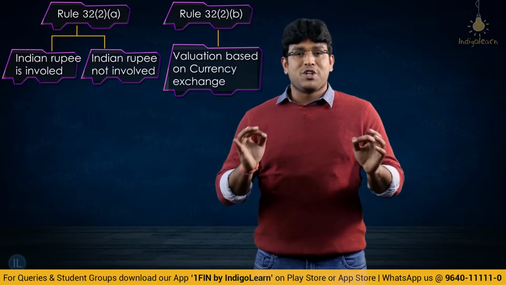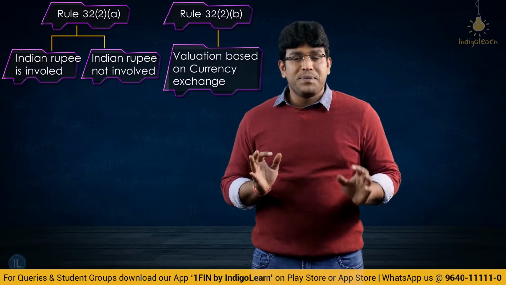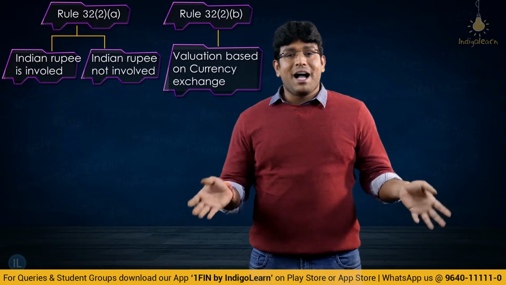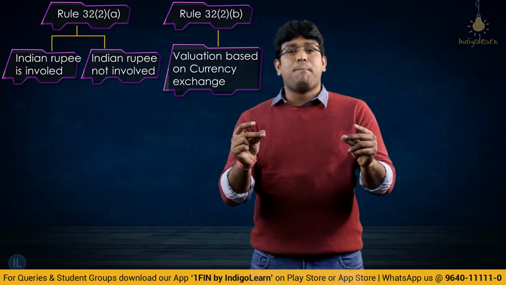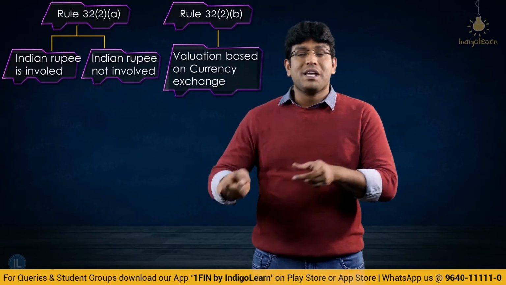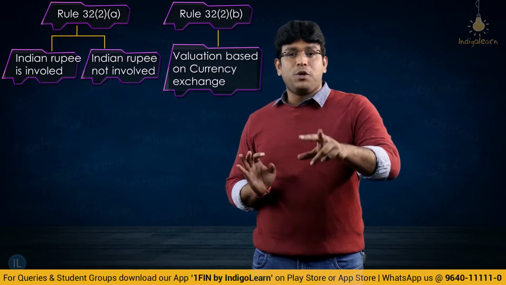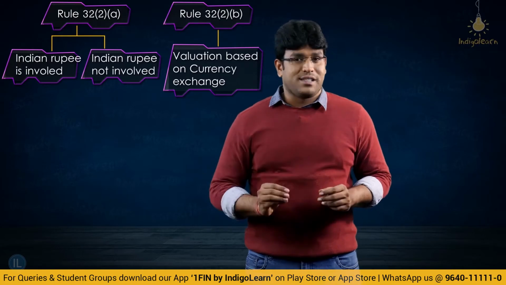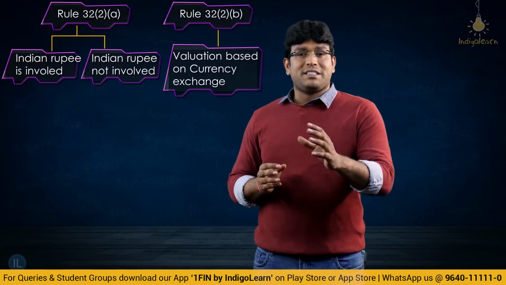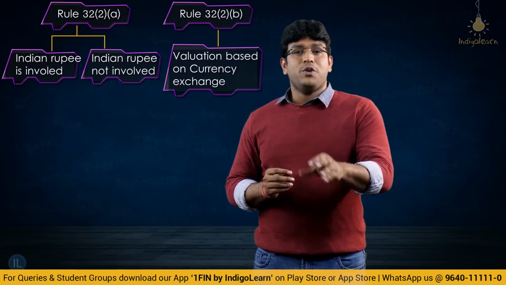That means in this transaction, Indian rupees is involved. The next possibility is that Akash has given US dollars and taken UK pounds, or he has given pounds and taken dollars. So there could be two possibilities. Possibility number one, in a transaction, Indian rupees is involved. Possibility number two, in a transaction, Indian rupees is not involved.